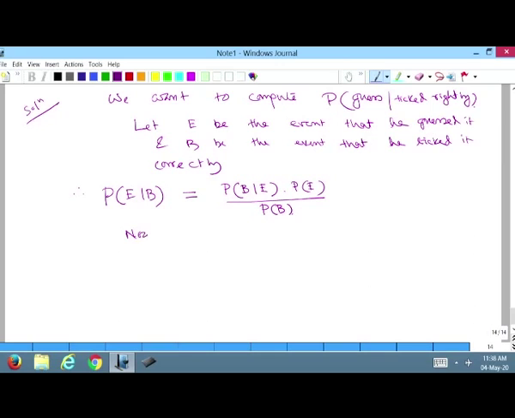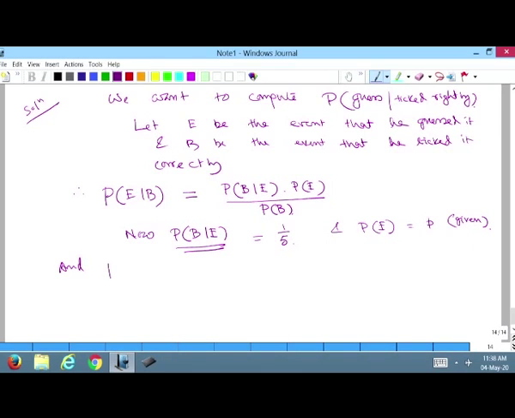Now, the probability of B given E: because he is randomly ticking and there are 5 options, the probability that he has ticked it correctly is 1 by 5, and the probability of E, that he is guessing the answer, is P, that is given.